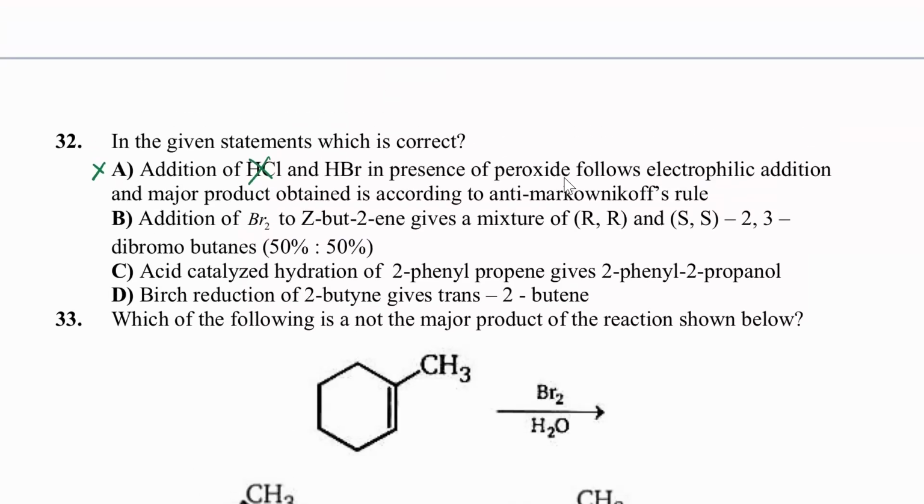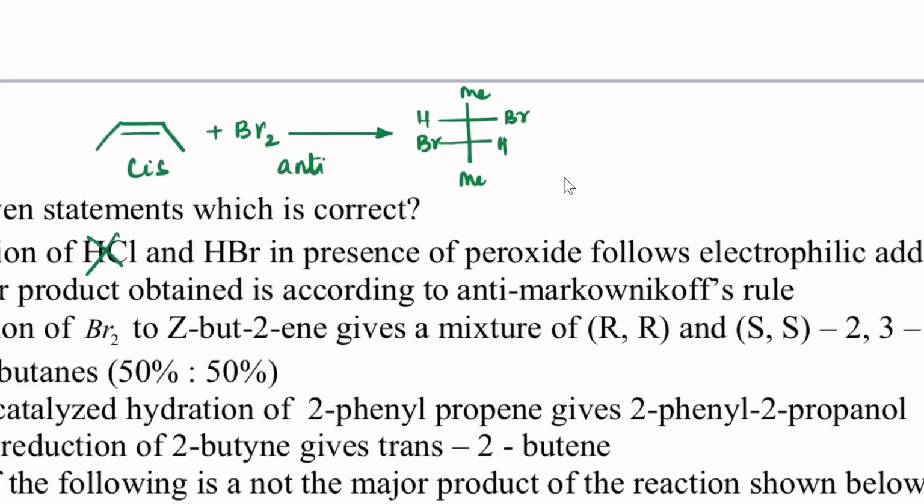So let me tell you, Z means cis. So we have this cis form, and when you react the cis form with Br2 here, we will end up getting, what is the form? You know that Br is going to make an anti-addition. This is a cis molecule, so the product we should get is meso, like this. Remember that when you have a meso compound, the configuration above and below will be the same.